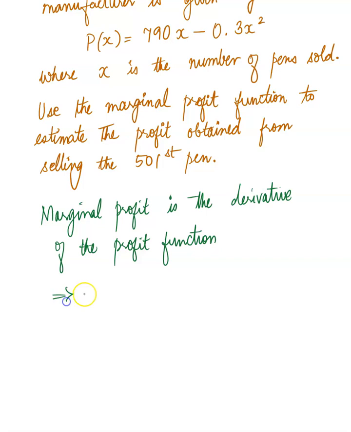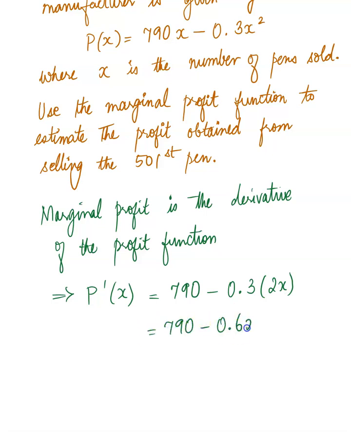That means you take the derivative P prime of x, and that comes out to be 790 minus 0.3 times 2x, which is 790 minus 0.6x.